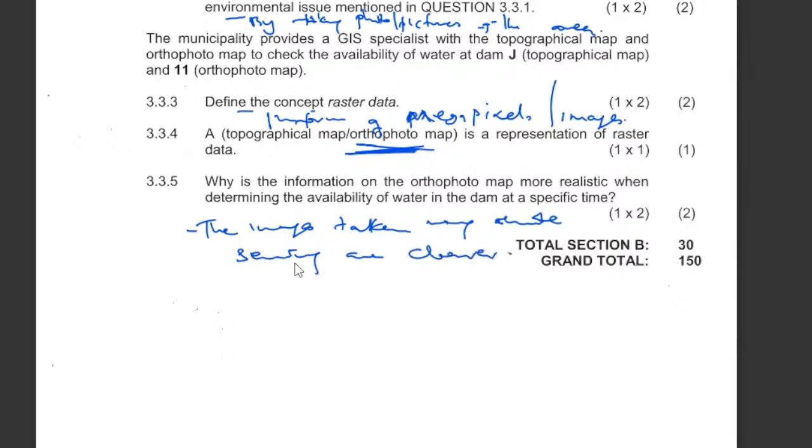That you can easily see. Also, the features are clearly visible. The water features are clearly visible.